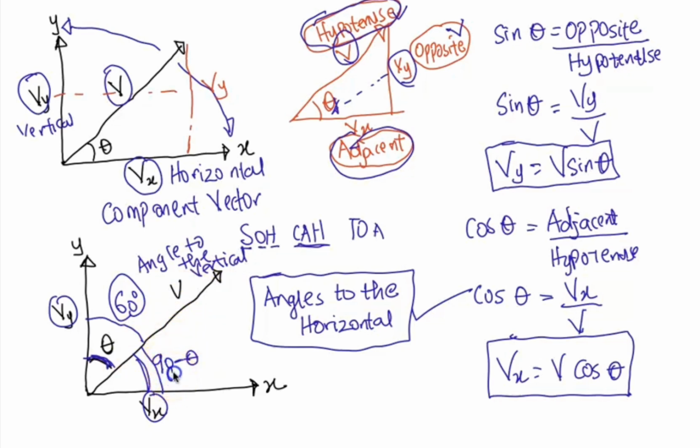So I'm simply going to say 90 minus 60, which will give us 30 degrees. So at the end of the day, I'm going to use 30 degrees in calculation. So when you get that, you are still going to stick with this formula. Vy is equal to V sine theta for calculating the vertical component of the vector. And then Vx is equal to V cos theta for calculating the horizontal component of the vector.